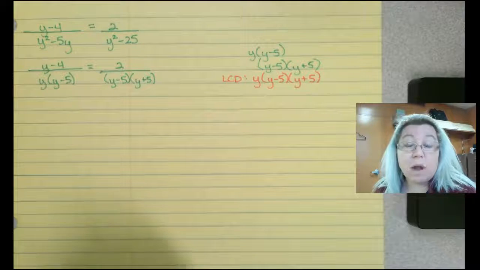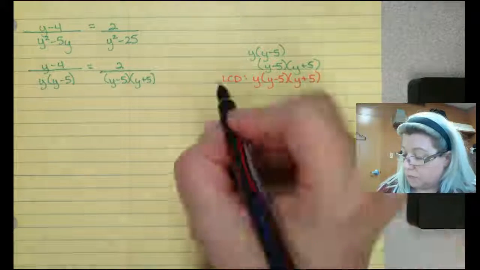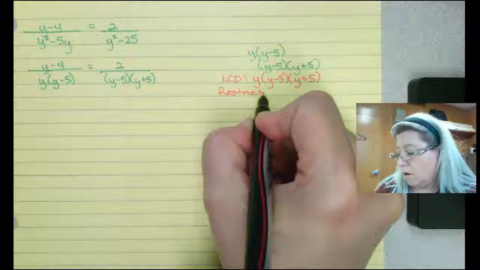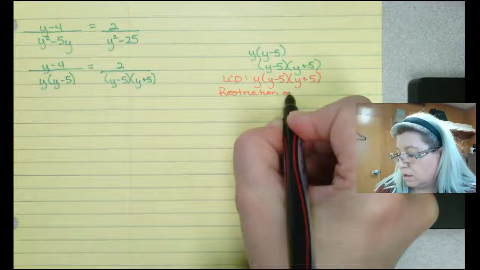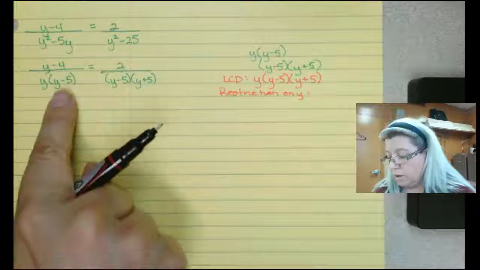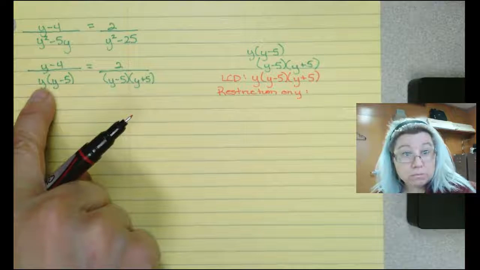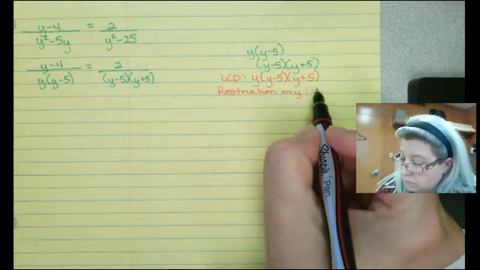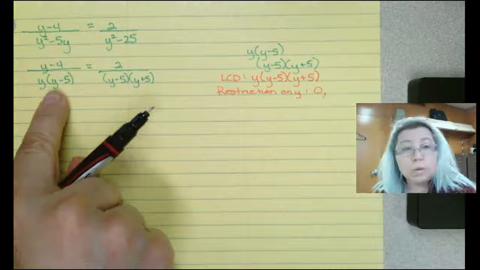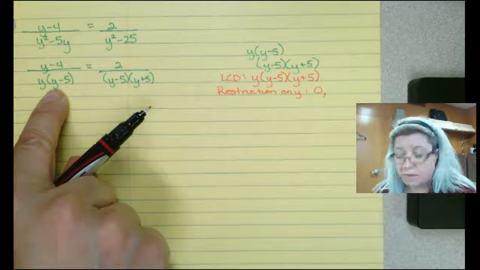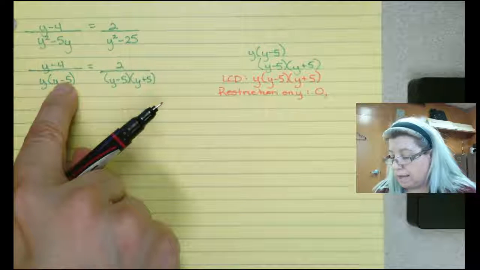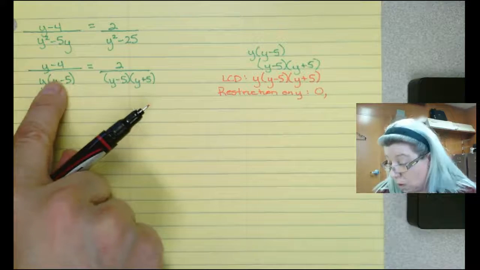I also have to figure out what my restrictions are. The restrictions on y: well, when y is 0, that makes this denominator 0. When y is positive 5, 5 minus 5 is 0, and positive 5 times 0 is 0.